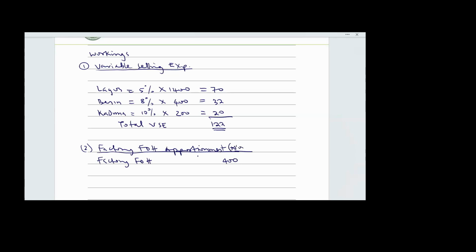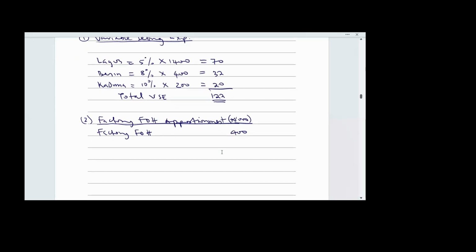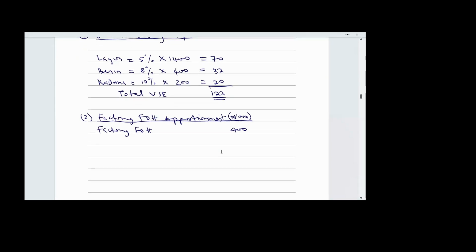Our figures are in thousands so that you don't make a mistake. You have to be careful. If you have already restricted your numbers to thousands, you have to use that consistently so that you don't use absolute numbers somewhere and then use rounding somewhere else. So you want to allocate the 400,000. I would then say distribution.